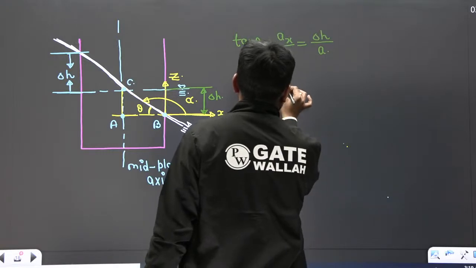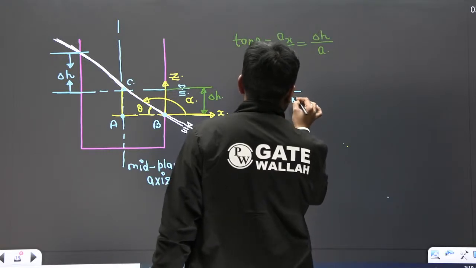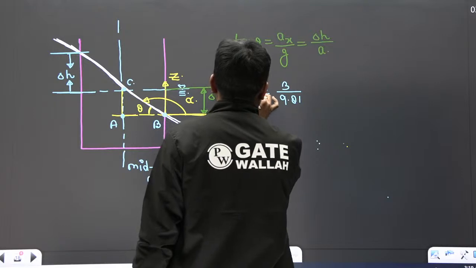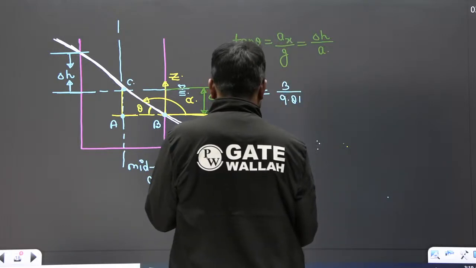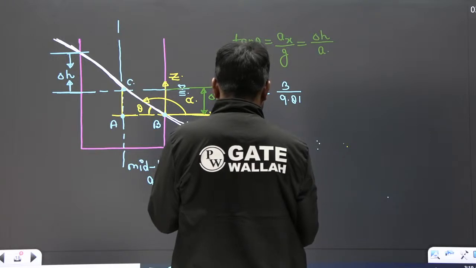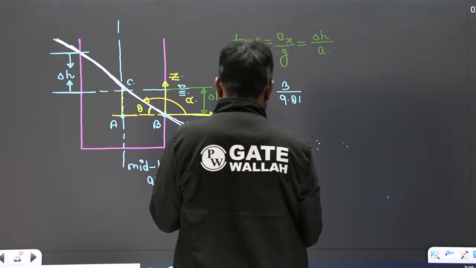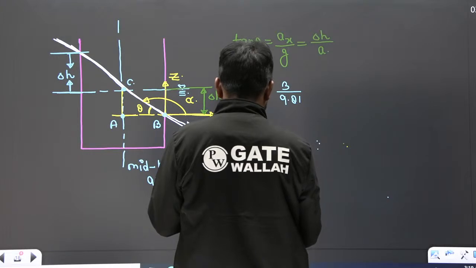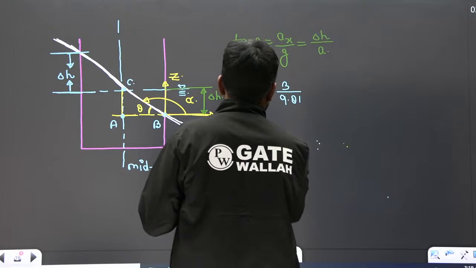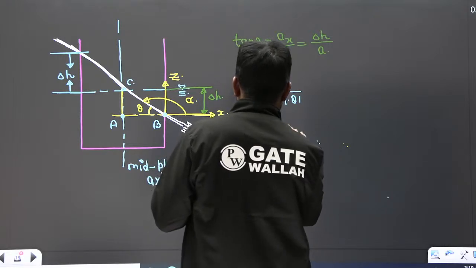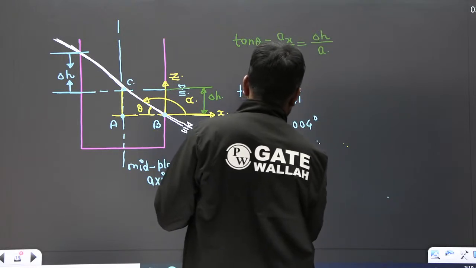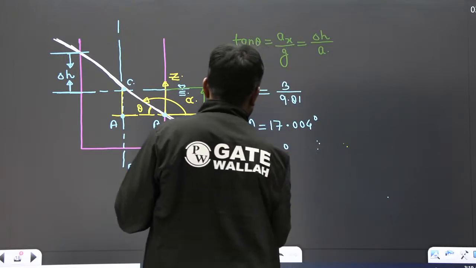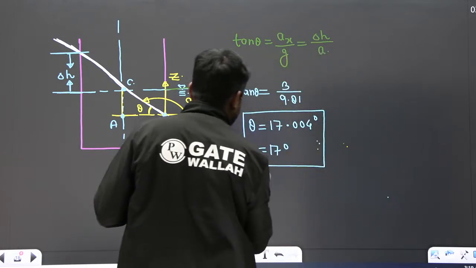So this is 3 divided by 9.81, and let me take this first as tan theta. So tan theta is 3 divided by 9.81, and taking tan inverse, theta will come out as 17.004 degrees, or you can say 17 degrees.